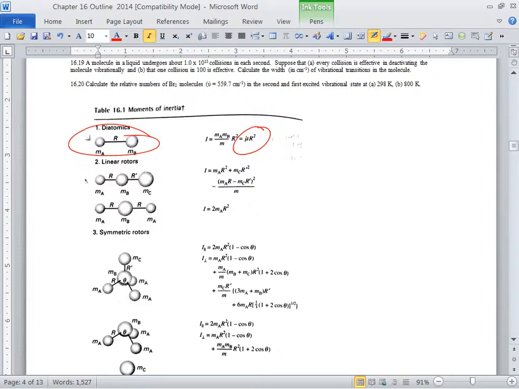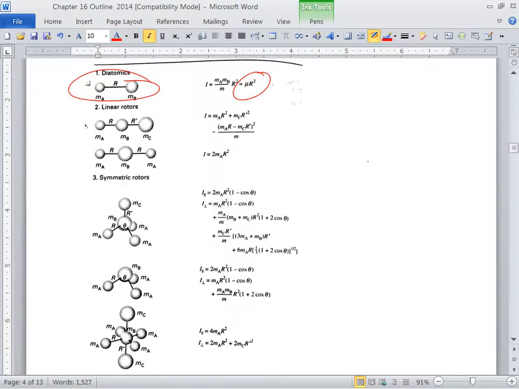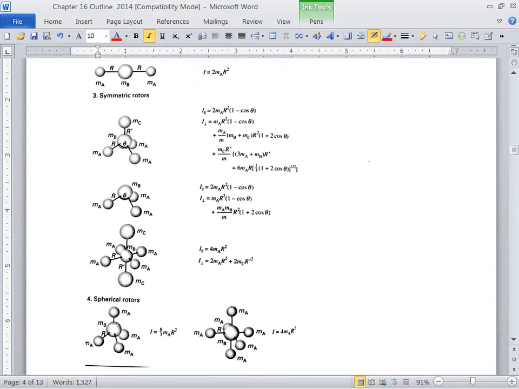These rigid rotors, right? Why'd they call them rigid rotors, Melissa? All these different shapes of molecules. I don't know if you remember your valence shell electron pair repulsion theory, but you can come up with all these fancy shapes, right? Jeffrey, you remember how to name this one?